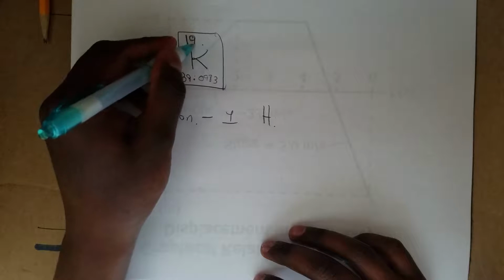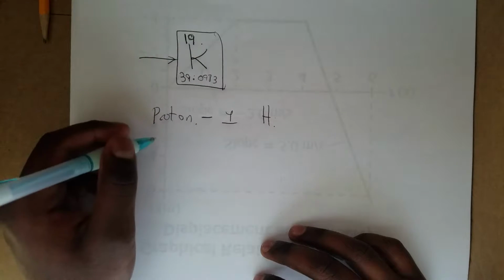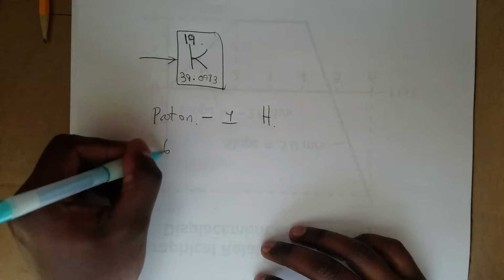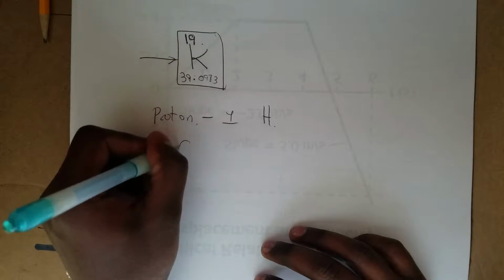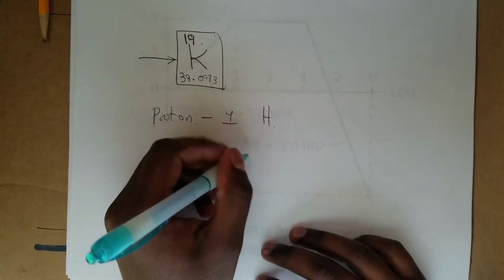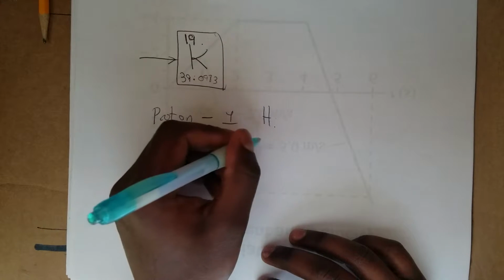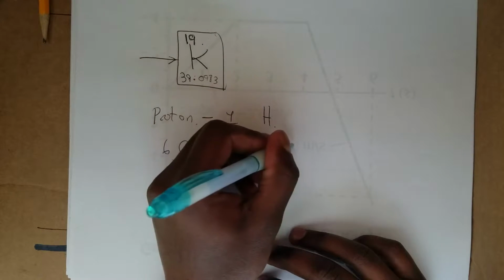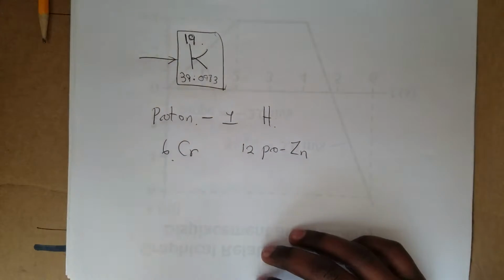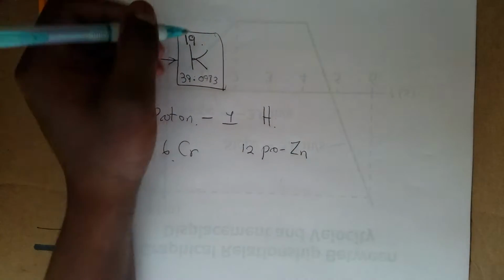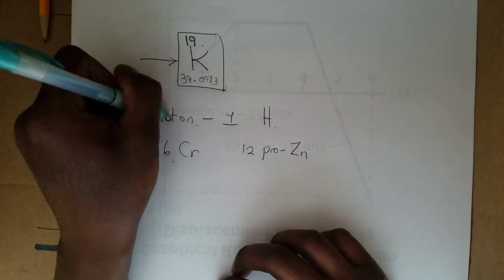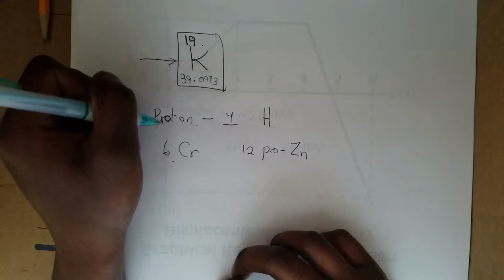If it has 6 protons, it's a carbon atom, and if it has 30 protons, then it's a zinc atom. So basically the amount of protons in an atom tells us what the atom is.